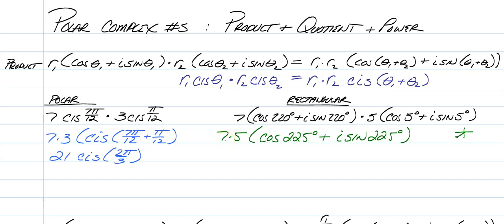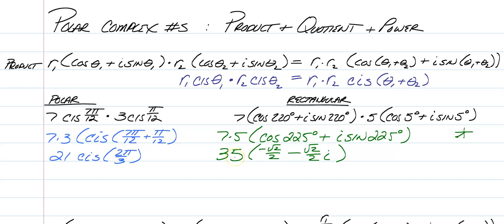So 7 times 5 is 35. The cosine of 225 is a negative root 2 over 2. And then we have the sine of 225 is also a negative root 2 over 2. But this one has an i because that's our sine. Now we just have to distribute the 35.